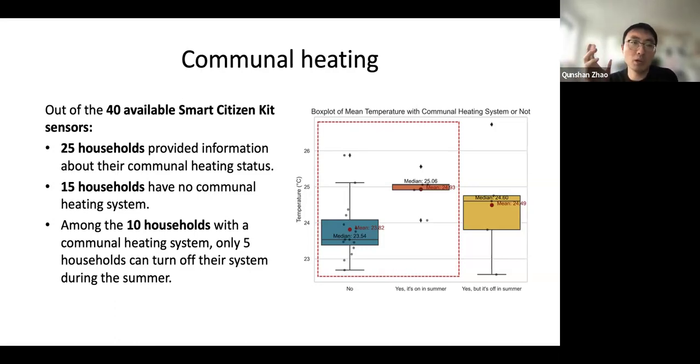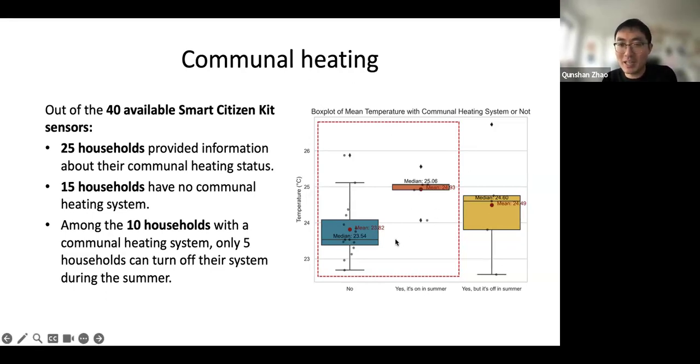From the survey, among the 40 participants, 25 of them told us whether they have a communal heating system, and 10 of them have a heating system. Also, five of them cannot turn off the system during the summer. You can imagine that if it is already really hot outside in the summer but you cannot turn off your heating, that creates another layer of heat in the indoor environment.